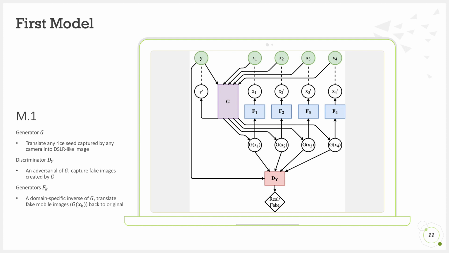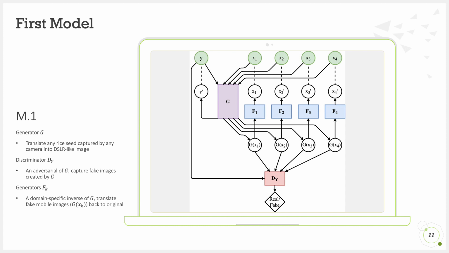We have two domains of images, which are the mobile and DSLR domains, annotated by X and Y respectively. X with a subscript number is a subset divided by the camera used to capture them.